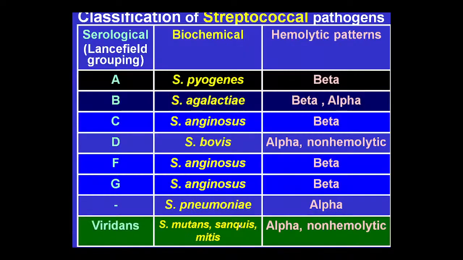So when you study immunology, we will take a closer look at the Lancefield classification. Just now, I would like to say that some streptococci cannot be classified by this classification. See, Streptococcus pneumoniae is not classified. Why?